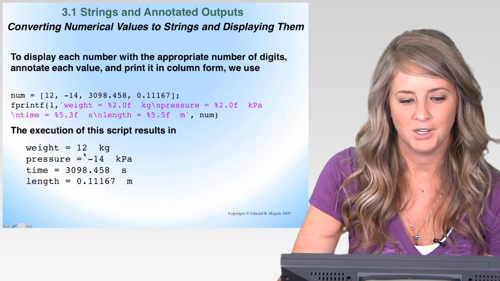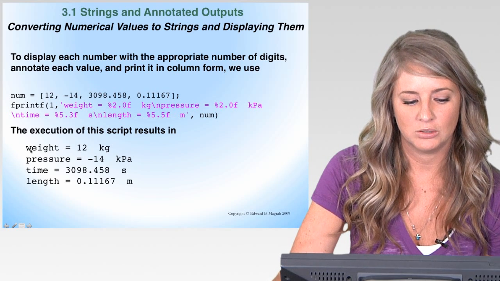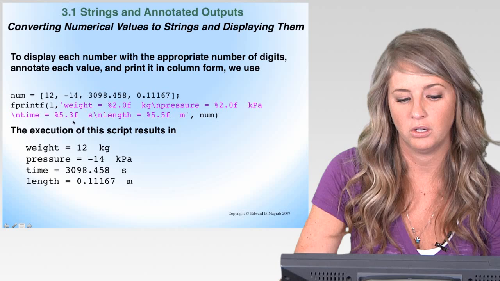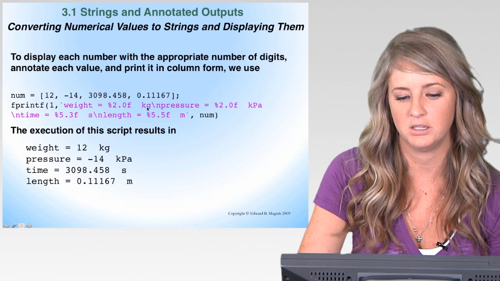When we execute the code, it now says weight is equal to 12 kilograms, and that's what this syntax did.